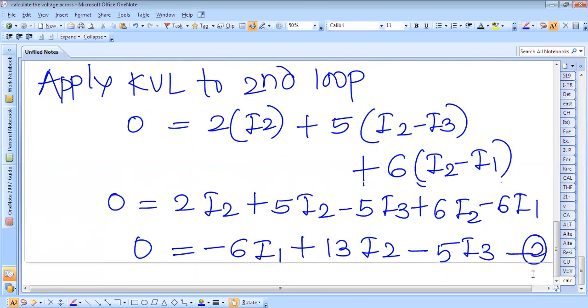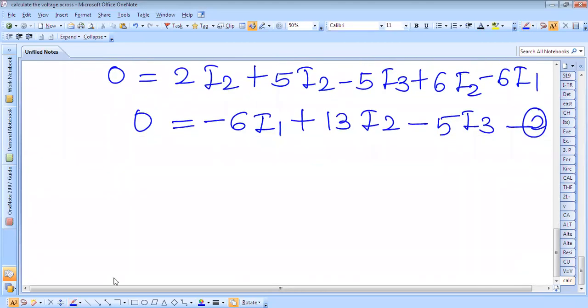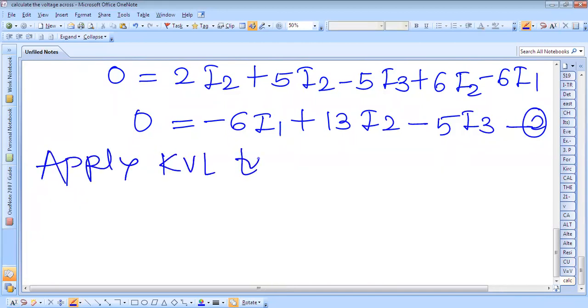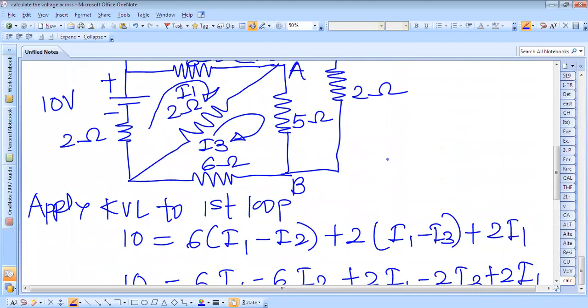Now we'll apply the KVL to the third loop, the loop which contains I3.